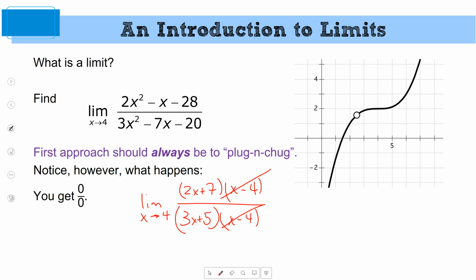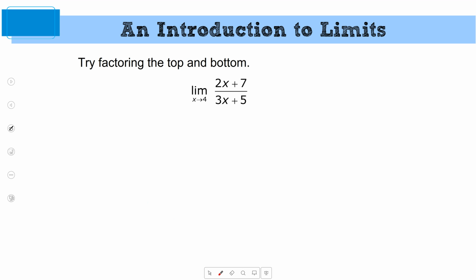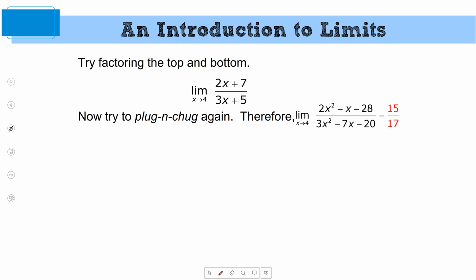Since we were able to algebraically manipulate that, we can then plug and chug again. Okay. So when you do that, we get a nice pretty answer of 15/17. Plug and chug first. Oops, there's a problem. Try to algebraically manipulate.